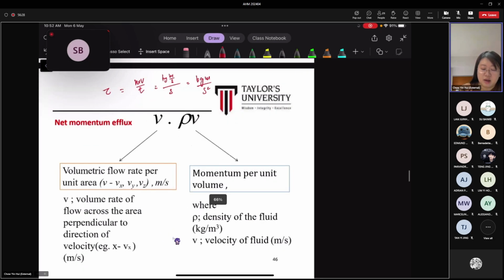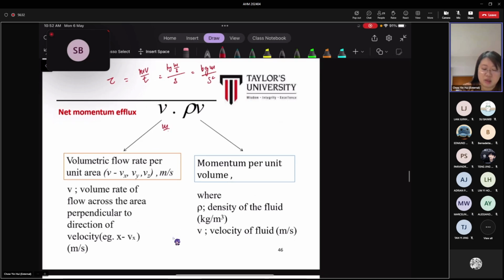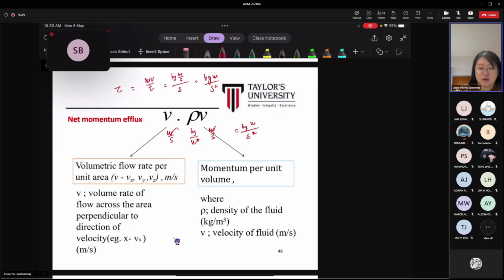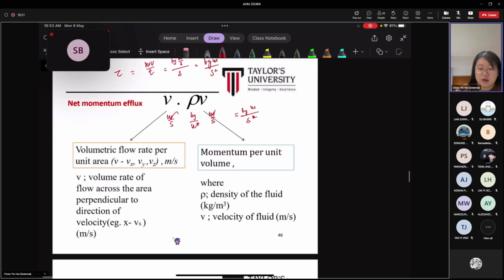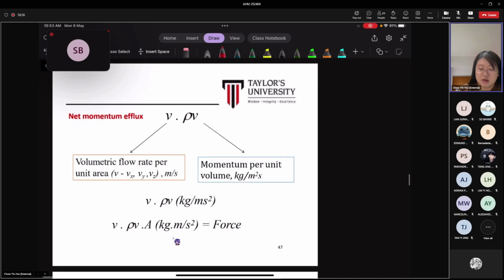Here, if you look at it, it's meter per second, kilogram per meter cube, and here we have meter per second. So eventually this will cancel out, so it's equivalent to kilogram per meter second square for the term. So it's the same thing, equivalent to the force.